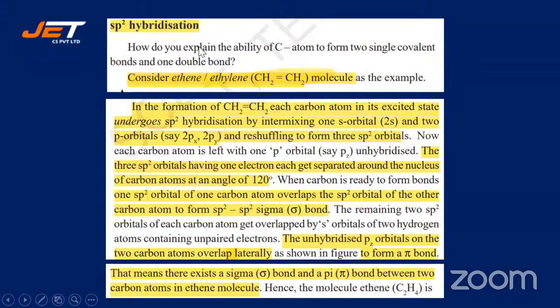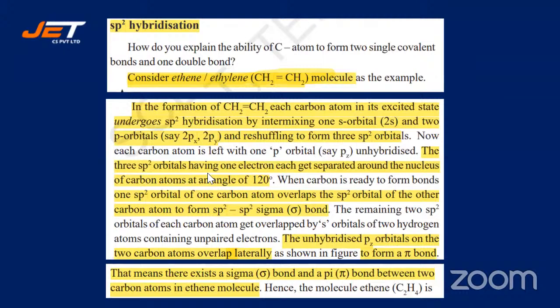Coming to sp2 hybridization, the example is ethene or ethylene, that is the C2H4 molecule. In the formation of the C=C double bond, each carbon atom in its excited state undergoes sp2 hybridization by intermixing 1 s orbital and 2 p orbitals and reshuffling to form 3 sp2 orbitals.